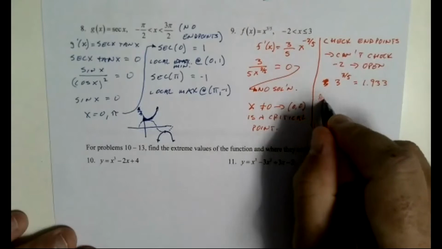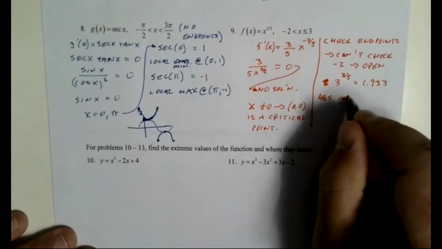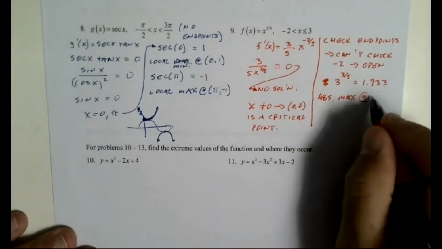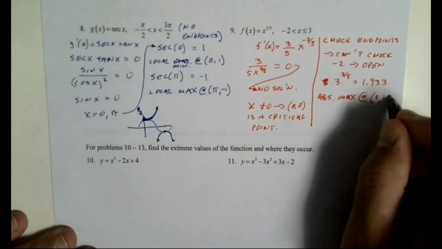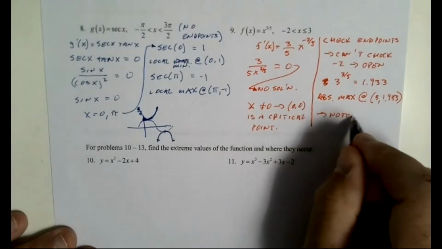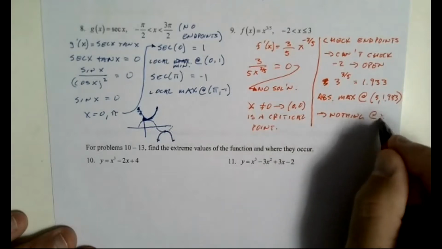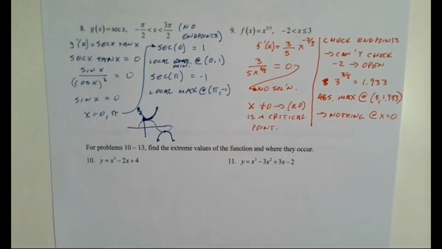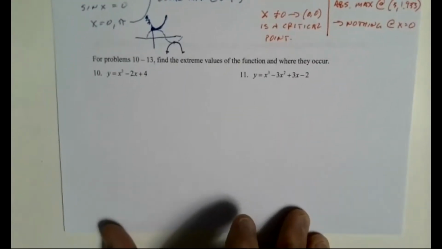So we have an absolute max at 3, 1.933, and nothing at x equals 0. There's nothing going on there. All right. 0, 0 technically is a critical point. We would not call it a stationary point because the derivative doesn't equal 0 there, but it causes problems. So yeah, always check and play and figure things out.